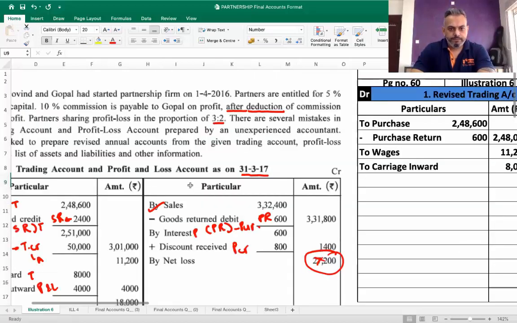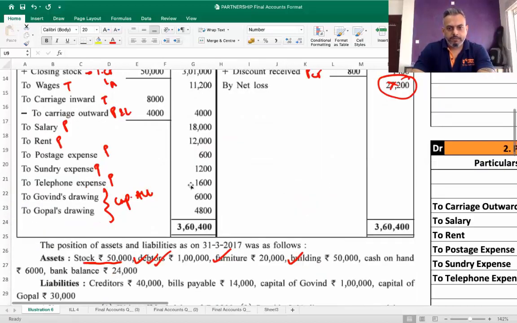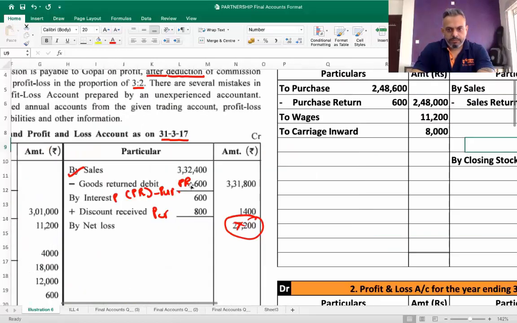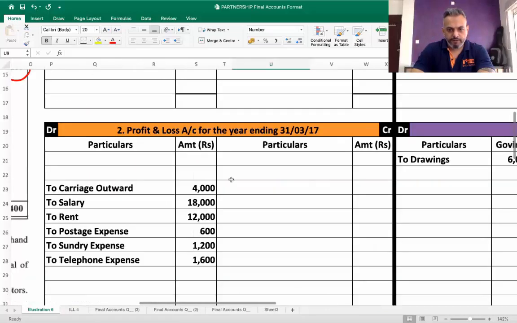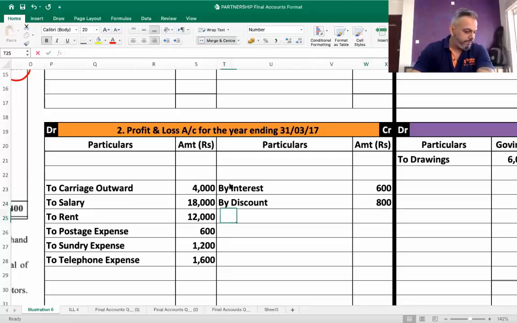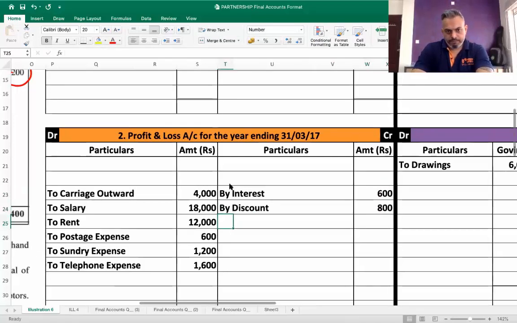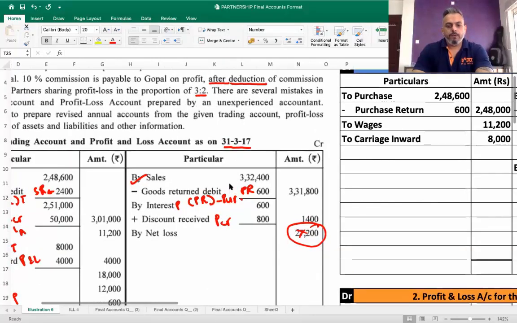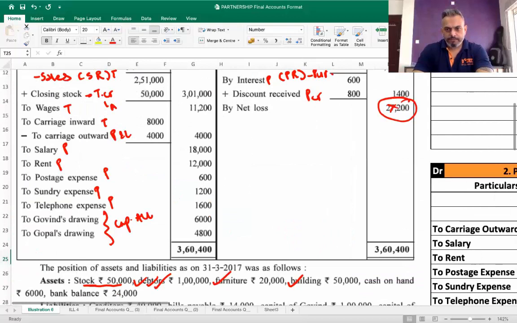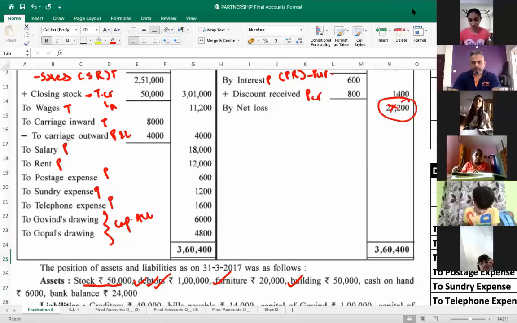Next, interest 600. Profit and loss account first two lines blank. By interest 600, by discount 800. Okay. Done everything from here. Proceed now.